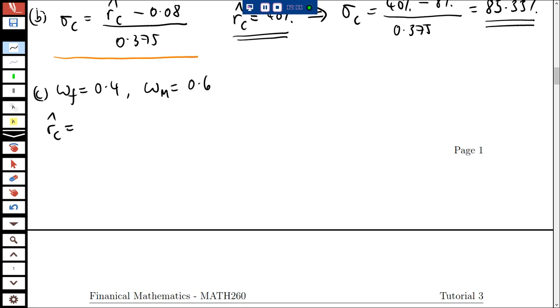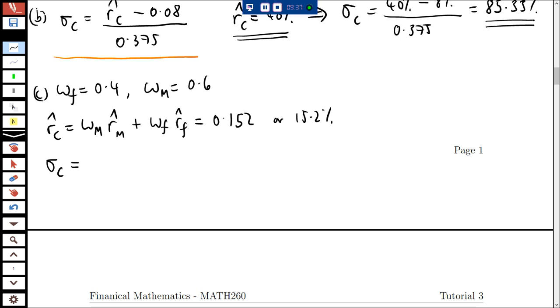So the expected return on this complete portfolio, standard calculation, it's the weighted average, which equals, well, I'll just drop all the numbers in. 0.6. Oh yeah, just write the answer. Drop those numbers in, which is about 15.2%.